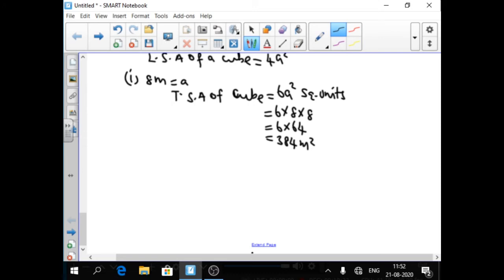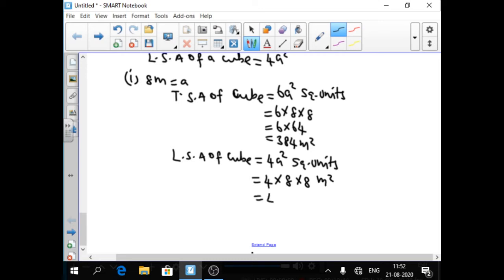Next, lateral surface area of cube. Lateral surface area of a cube is equal to 4a squared, squared units. So 4 into a squared, which means a value is equal to 8 meter. So 8 meter into 8, squared units, which means meter squared.